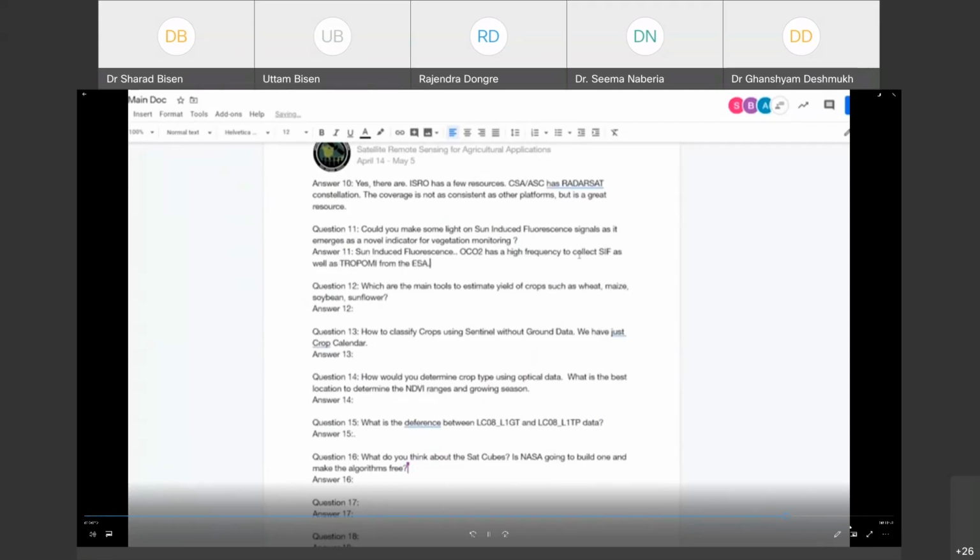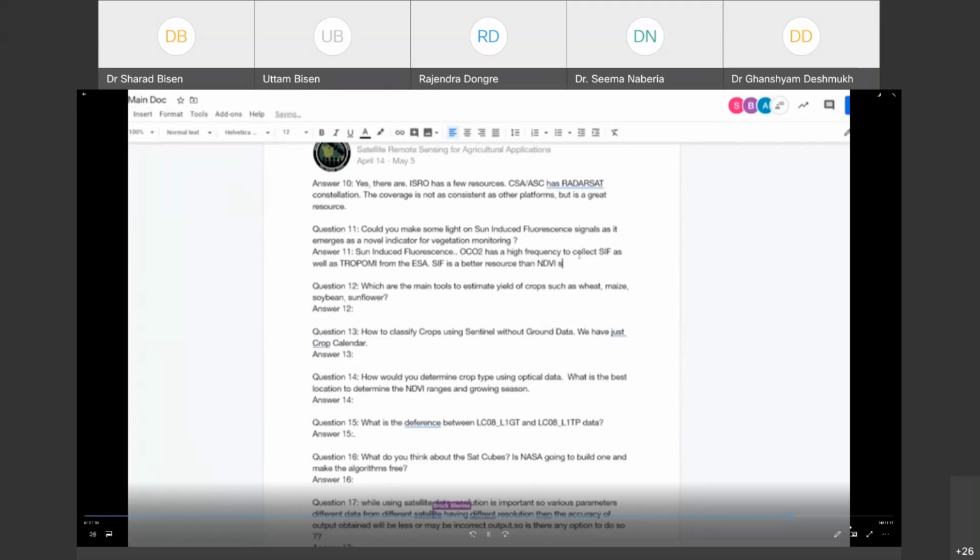I think there's a lot of great progress that could come with solar-induced fluorescence, as it gives a quicker response time to vegetation health than does NDVI. With NDVI, there is a temporal lag in showing any stress that a crop might be experiencing, whereas with solar-induced fluorescence, the signal is immediate.